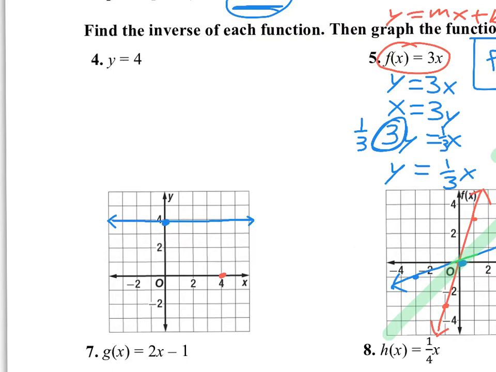Let's pick another point on the original. That point is 2, 4. So then I know that the inverse should have 4, 2. Once you have 2 points, you know that a straight line has to go through those 2 points.